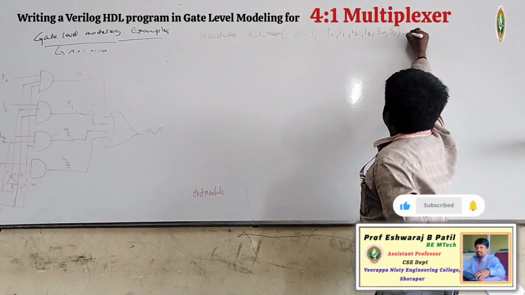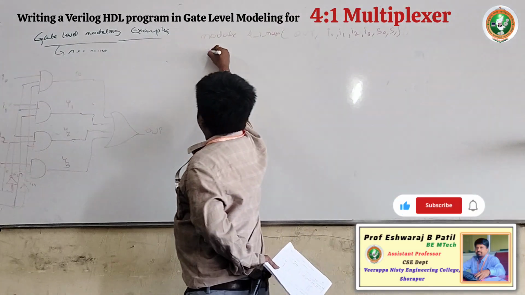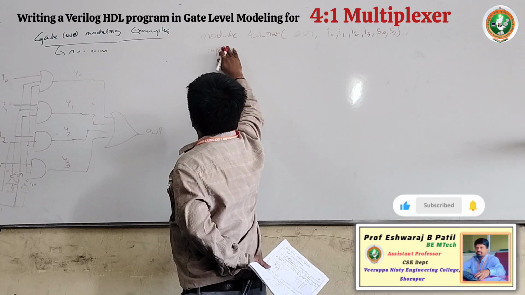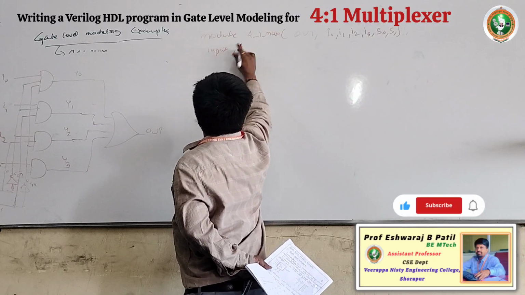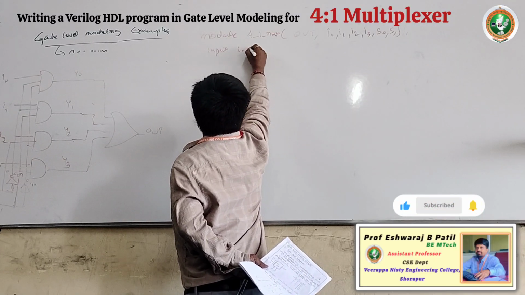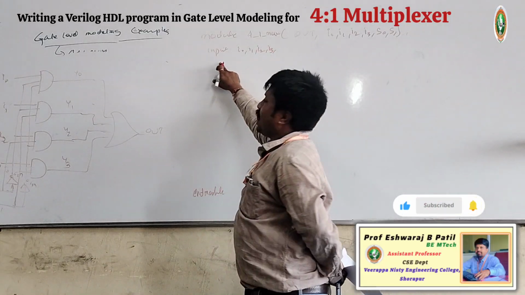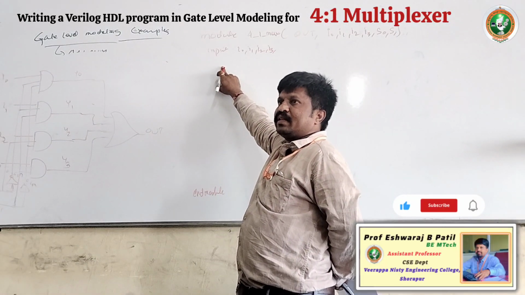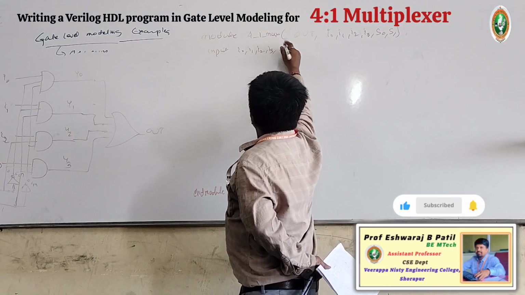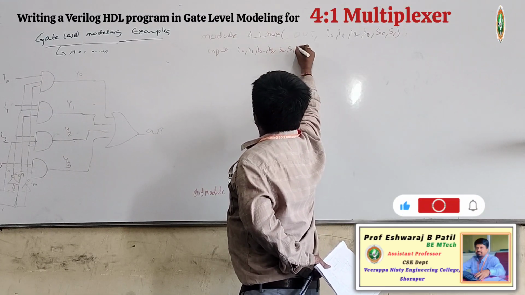I have to separate this as the input ports, which are I0, I1, I2, I3. Even I can send them separately. I can write the select lines as inputs, also S0 and S1.